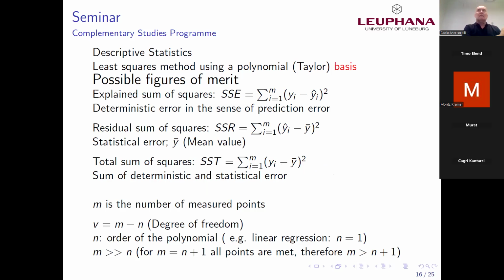The measurement minus the mean value squared, summed, is related to the variance. I didn't put here the definition of the variance. If I remember well, the variance is SST divided by m minus 1. With this correction minus 1, you can consider it as m, but I don't want to insist. In any case, this SST depends just on the measurements, on the data. It's proportional to the variance.